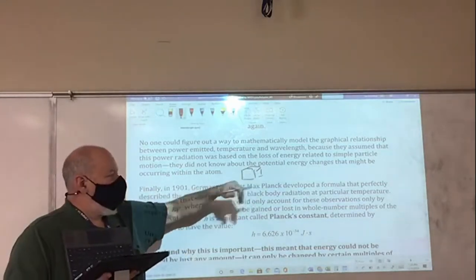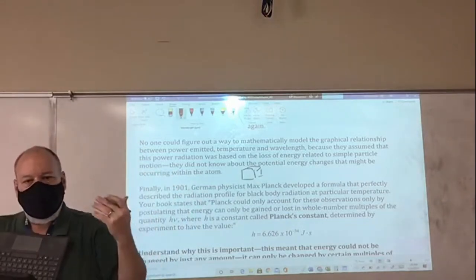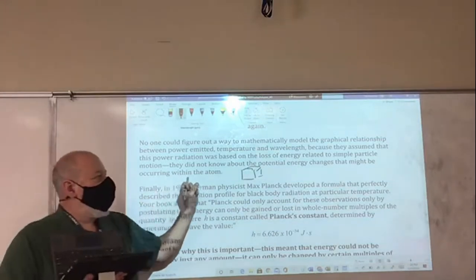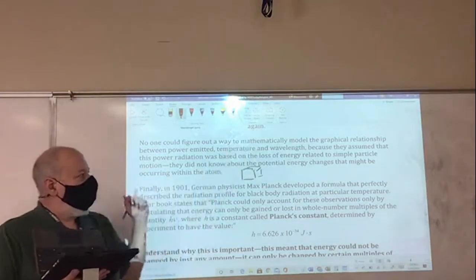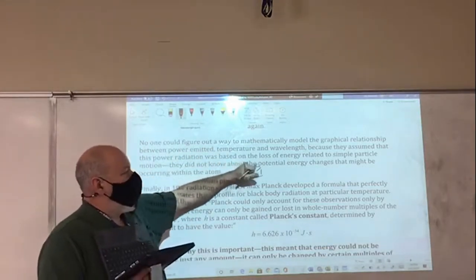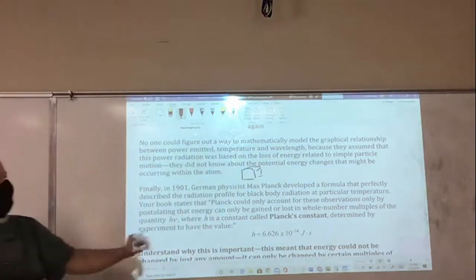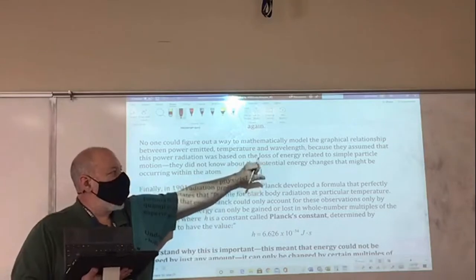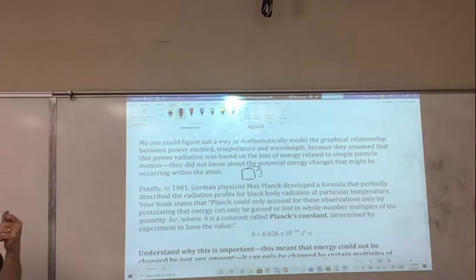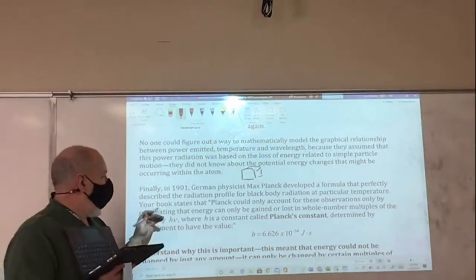And if you have 10 to the 23rd atoms all losing energy at the same time, that's going to result in a pretty significant emission of energy. So it is just a little bit more than just one or two atoms that are losing this. And they didn't realize that all of these atoms were losing this potential energy by electrons dropping from a higher energy level to a lower energy level. And that made all the difference.